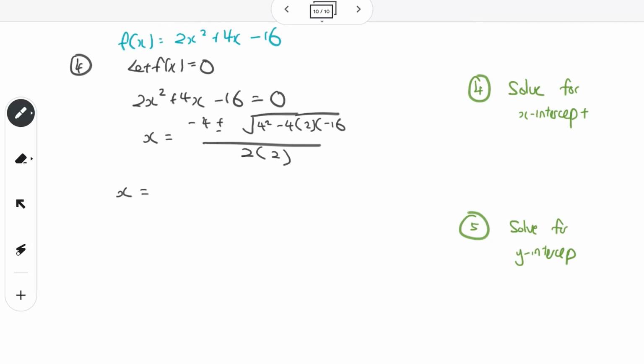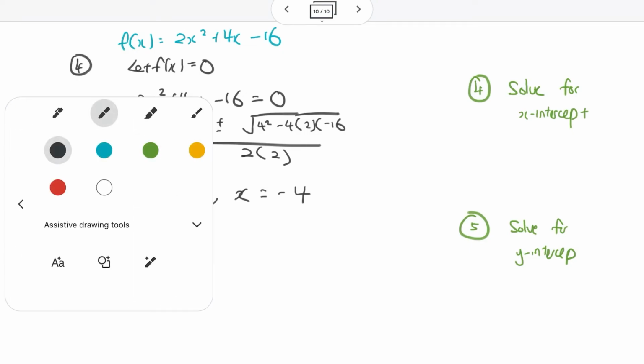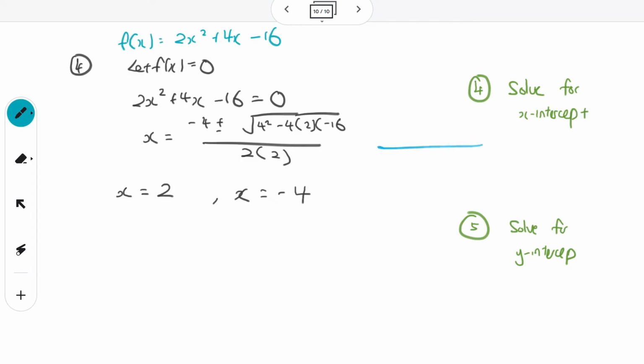And this will give us two values, which are 2 and -4. And therefore, we sort of know that our equation will intersect the line here and somewhere here. So it will look something like this, right?